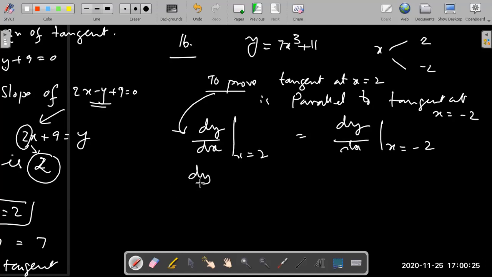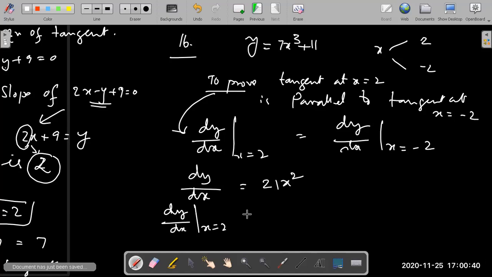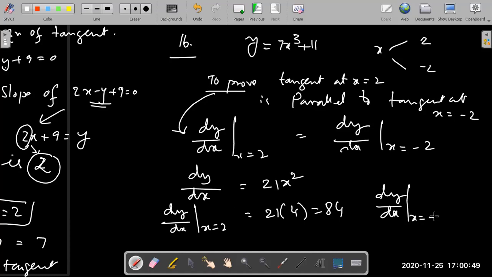So first, dy by dx, since it's 7x cube, you have 21x squared. So dy by dx at x equal to 2 is 21 into 4, which is 84. dy by dx at x equal to minus 2 also is 21 into minus 2 whole squared, that is 84.